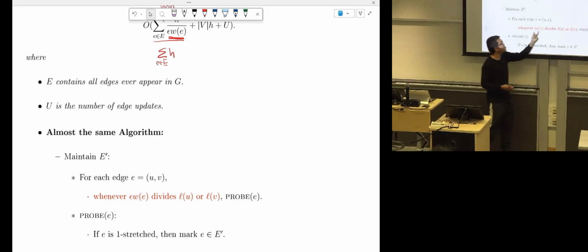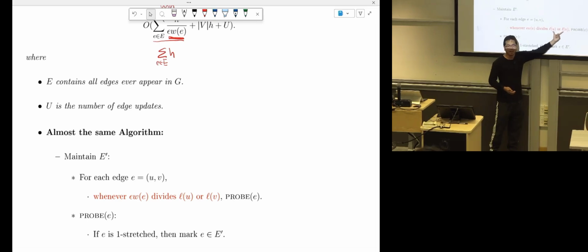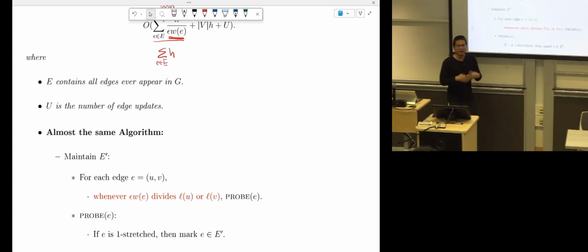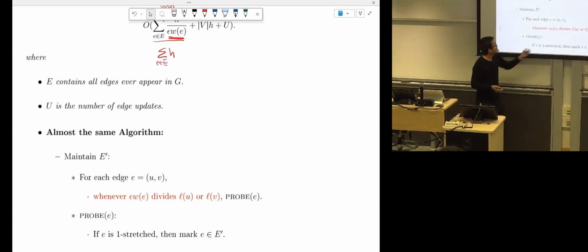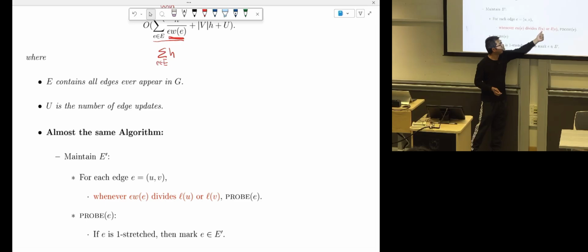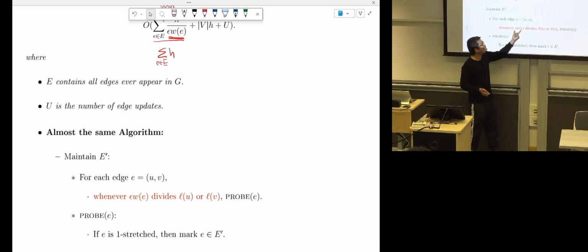We used to probe them whenever the label of U or V, the endpoint, changed. But now we do it less often. Whenever the level of U increased by epsilon W, or the level of V increased by epsilon W, then you probe.